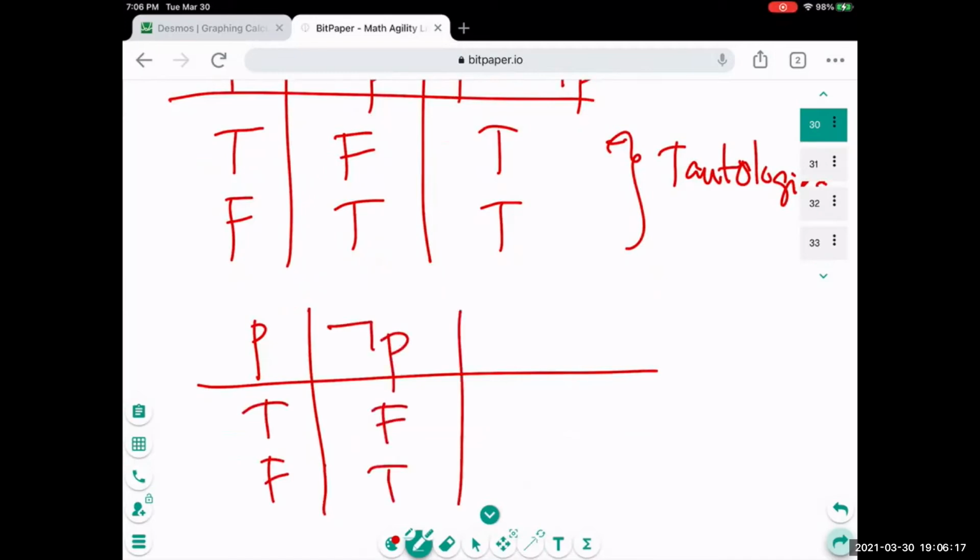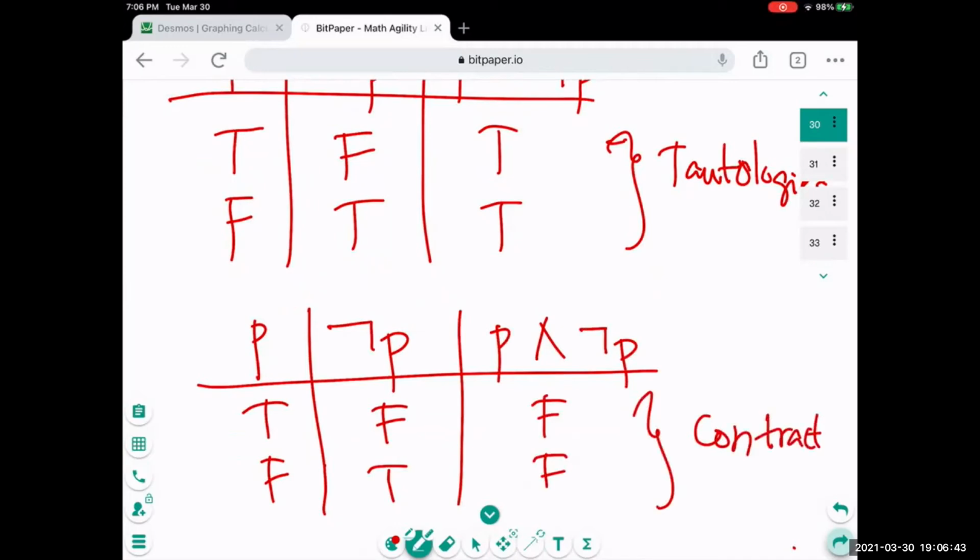So pag kinuha naman natin yung conjunction niya, P conjunction of the negation of P or not P. So again, pag conjunction, we're just like multiplying. So kapag may isang F na dun sa value ng truth table mo, laging F na. Right? So since lahat nung nasa last column ay F or false, it's contradiction.